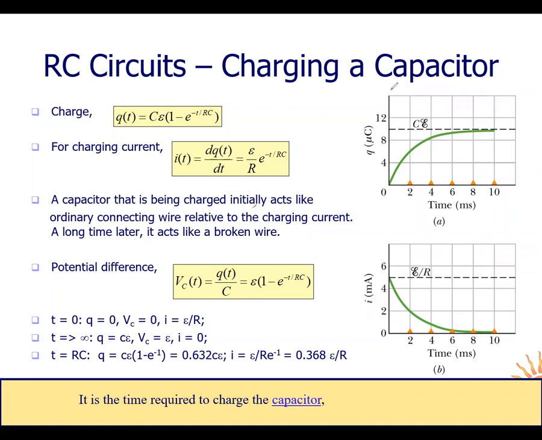If we plot here q in terms of time, at time t equals to 0, at this point, we have q(t=0) equals to CE times 1 minus exponential 0 equals to CE times 1 minus 1 equals to 0.